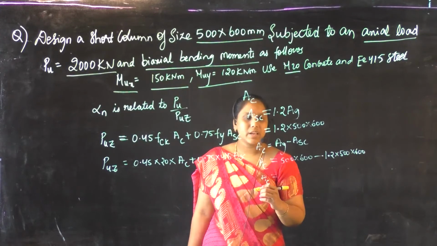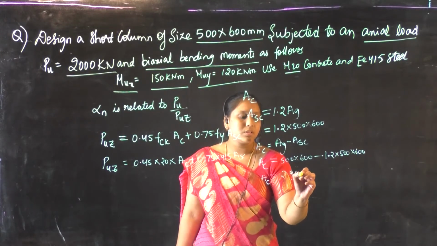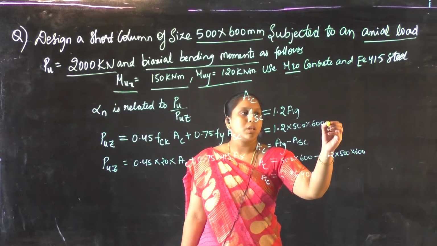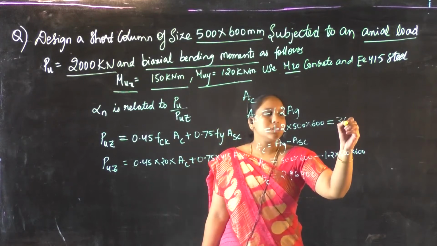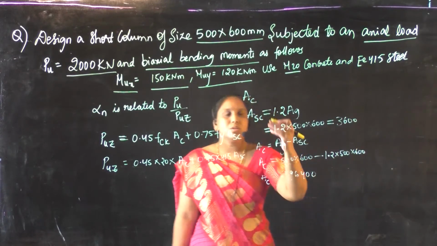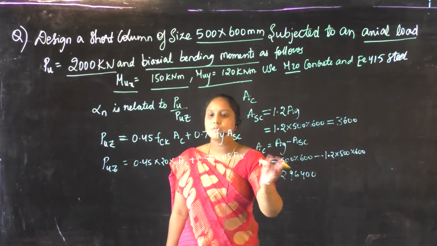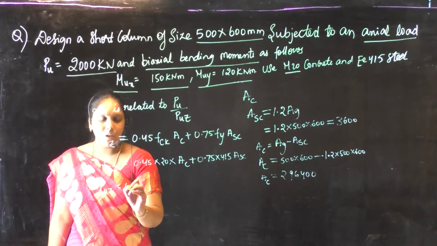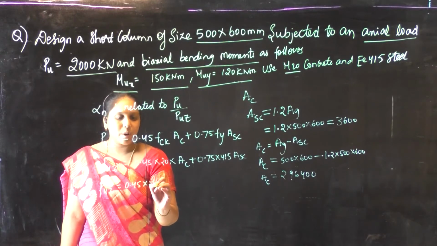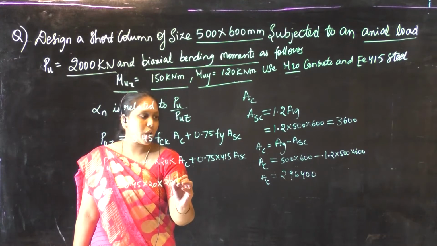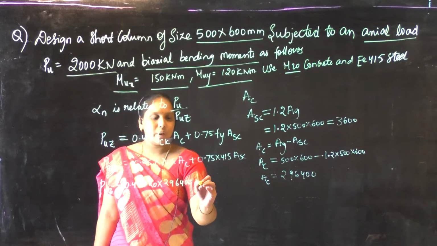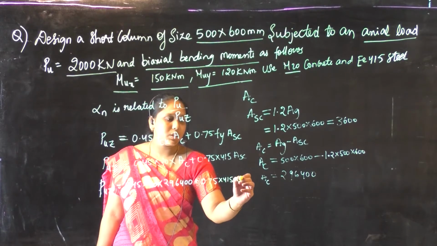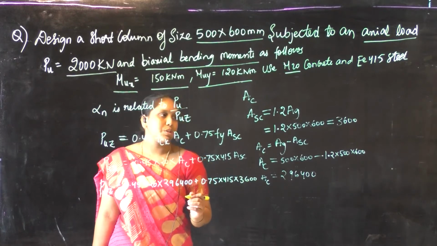So the value of AC is 296,400 and the value of ASC is 3600. So these are the AC and ASC values which we have to substitute here. So if you substitute, PUZ will be 0.45 into 20 into AC, which is 296,400, plus 0.75 into 415 into ASC, which is 3600.